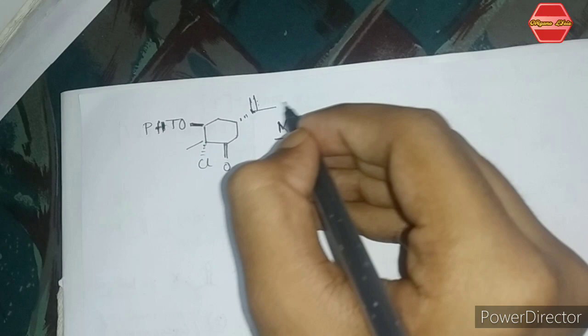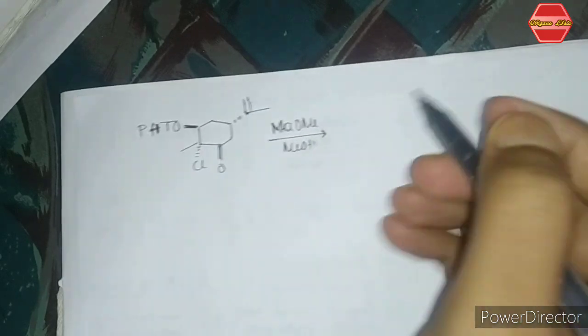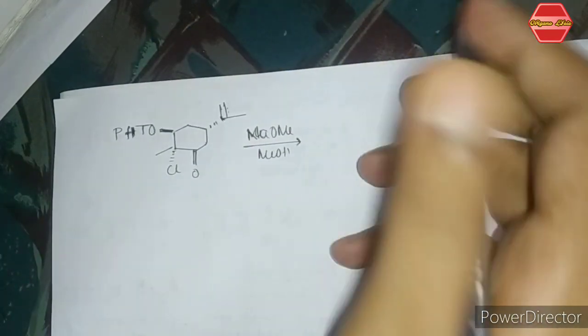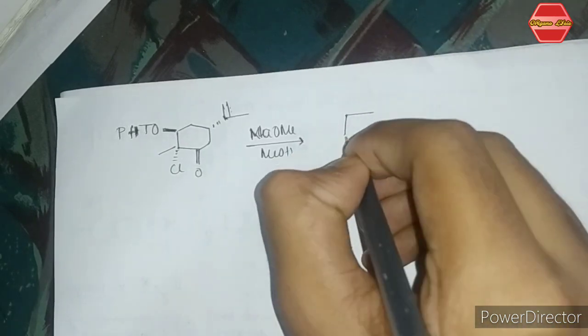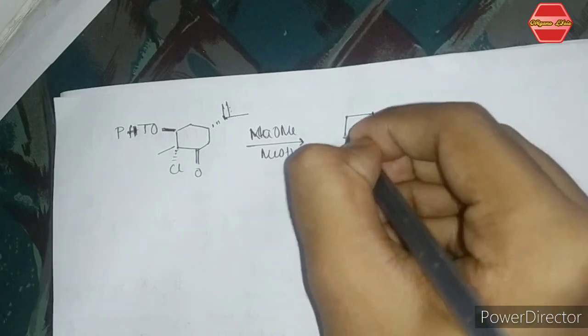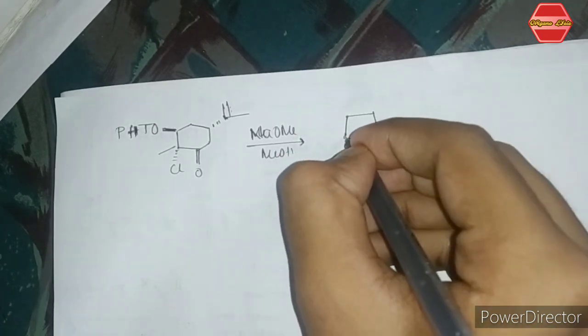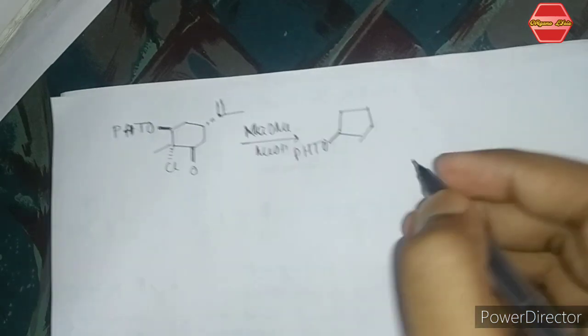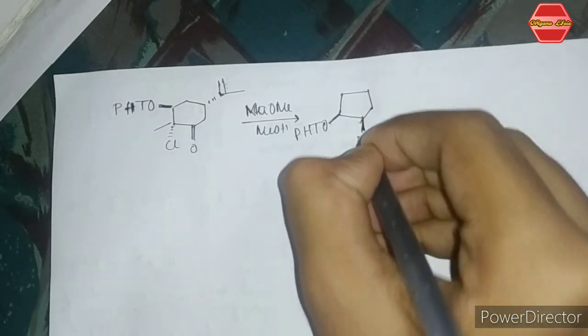This is your reagent, that is a base. And after that, I already mentioned that a 6-member ring turns to formation of a 5-member ring. So if the 5-member ring formation takes place, what will be your product?